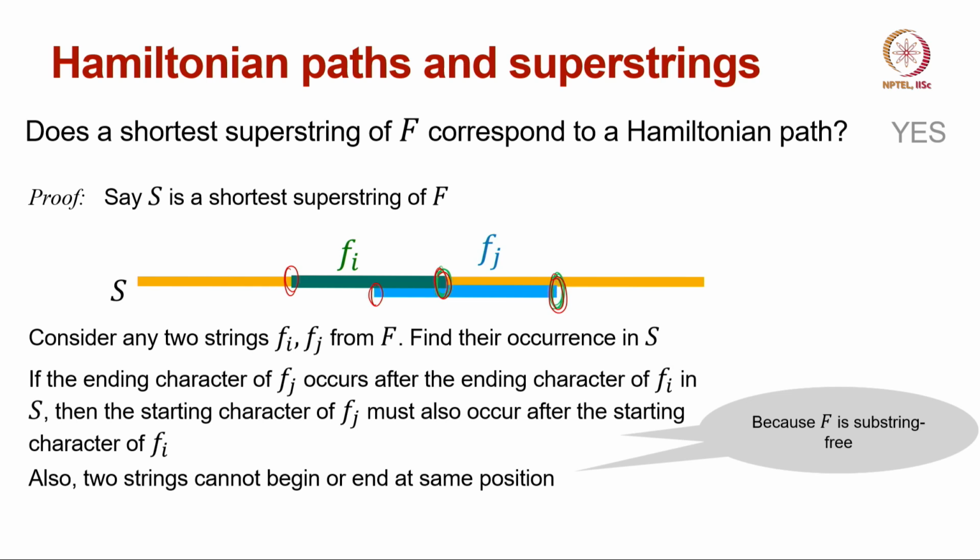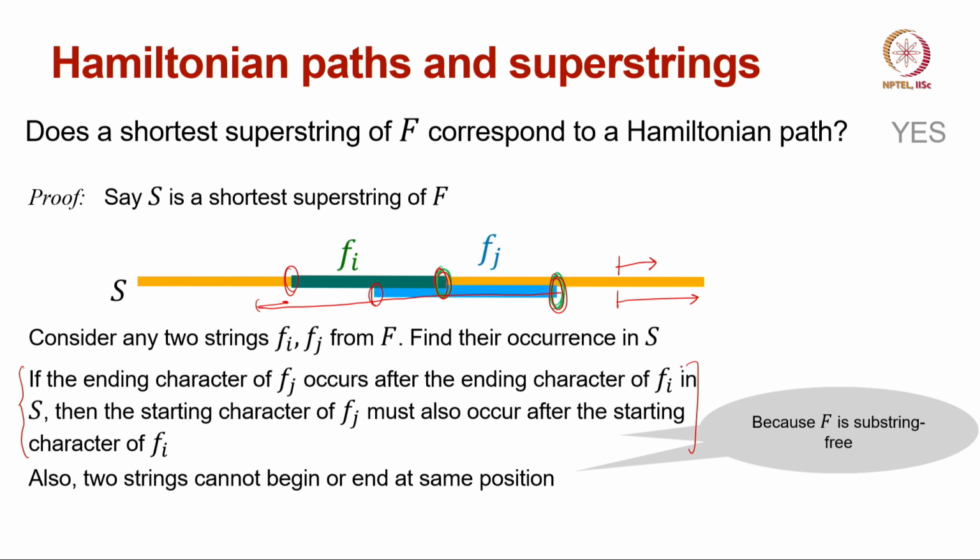That is because of the substring free property, because if Fj started earlier, like if Fj starts from here, then Fi would be a substring of Fj and we would violate the substring free property. So we can argue that this property is true. Also observe that 2 strings cannot begin or end at the same position. If you have 2 strings beginning at the same position, then again one of the strings has to be a substring of the other, and that would again violate the substring free property.